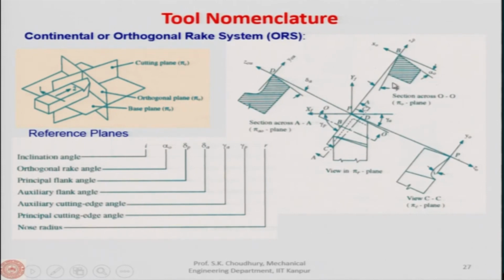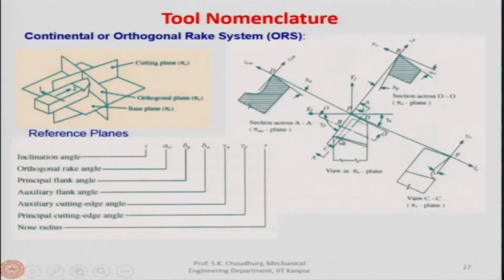So, once again, it is the principal cutting edge; we are cutting it in the sense that we are taking the sectional view along the OO, which is perpendicular to this principal cutting edge, and we are looking at what is in here. Here it will be the flank face and the rake face that will be revealed.